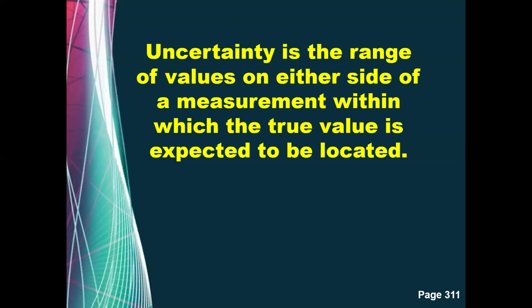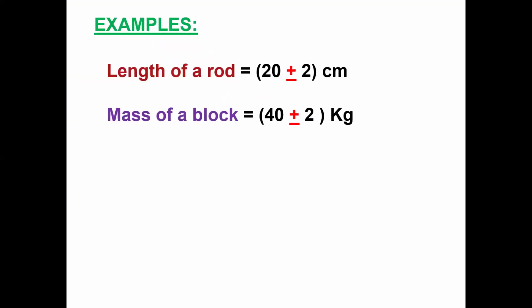This is the symbol. What is uncertainty? It is called a known error. Look at this: plus minus 2 is the uncertainty.